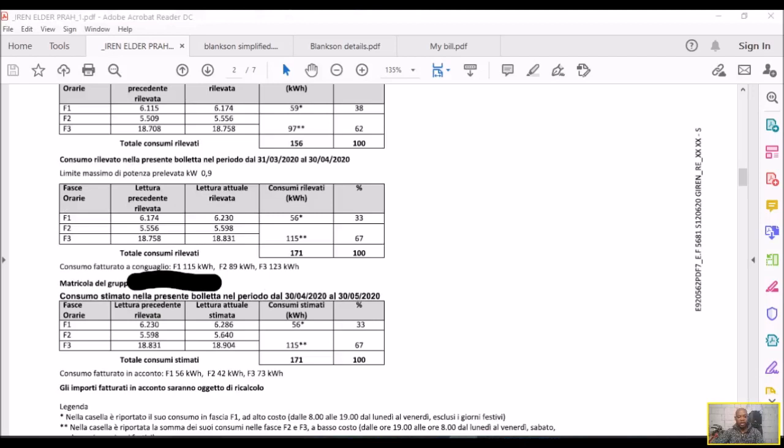So they assume that your F1 within the month that you have not yet used was going to be 56. Your F2 and F3 that you have not used was going to be 115, which is the same as that of the month of April.